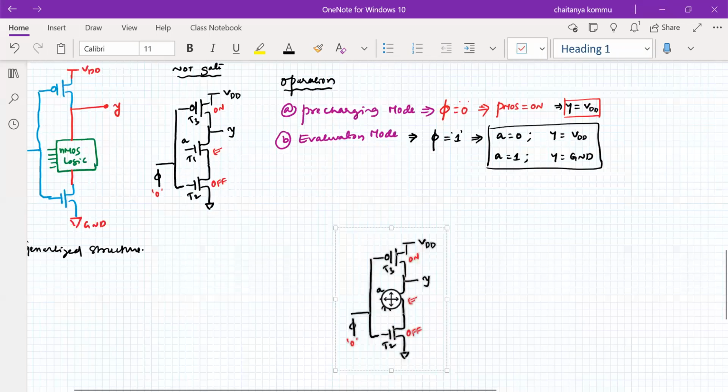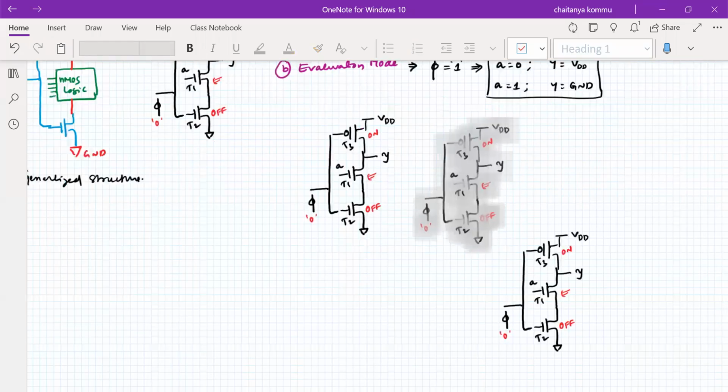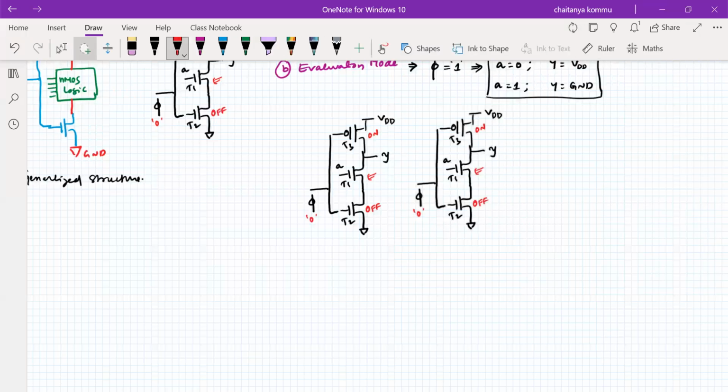Say I want to cascade another device to this one. So the output of this one is connected to the input of this device. The output of this one is connected to the input of this one.